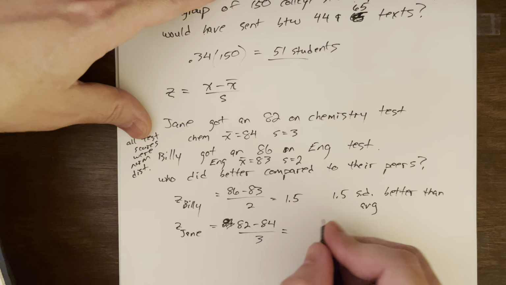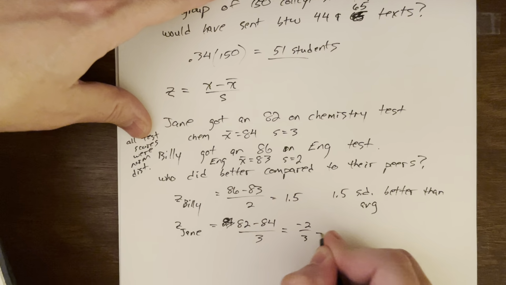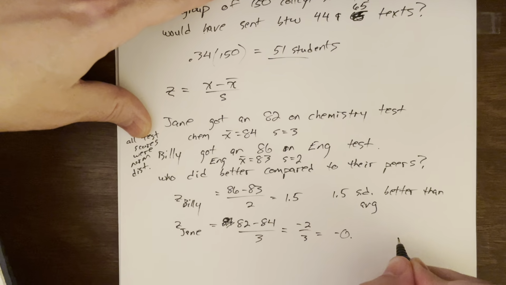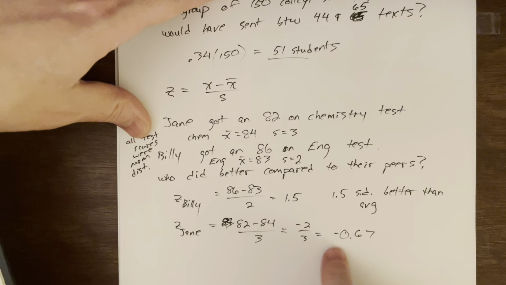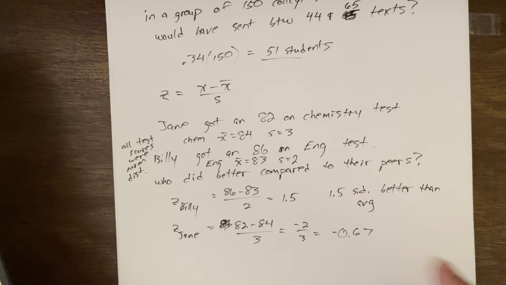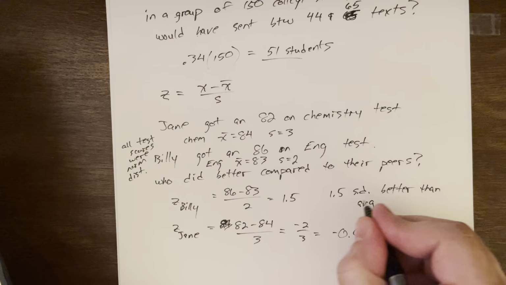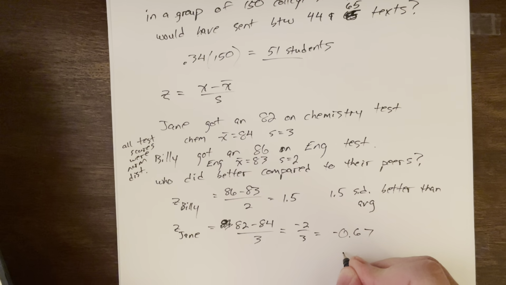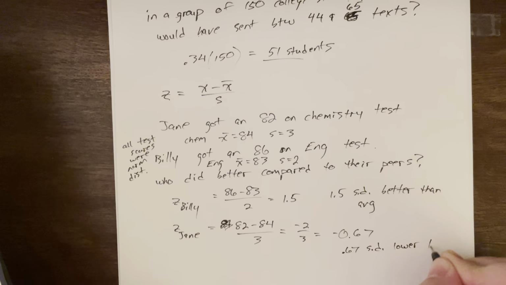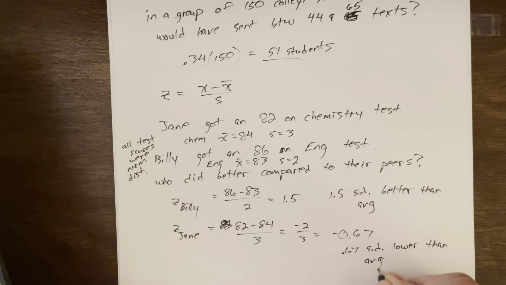Here the data value is smaller than the mean. I get negative 2 divided by 3, negative 0.6666 forever, so I'll just round that off, negative 0.67. So the fact that it's negative, we did worse than average. She is 0.67 standard deviations lower than average.